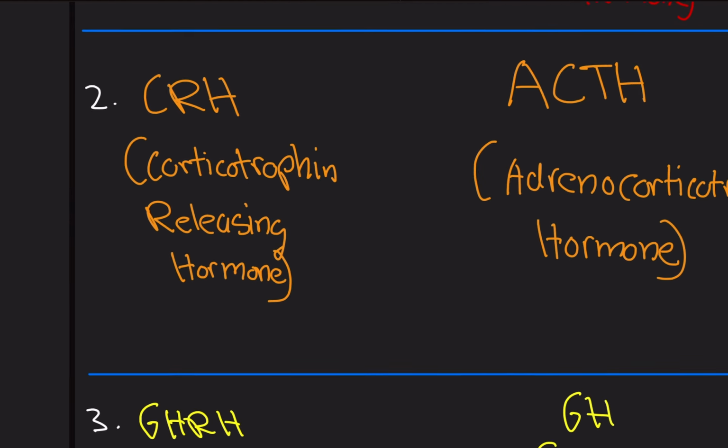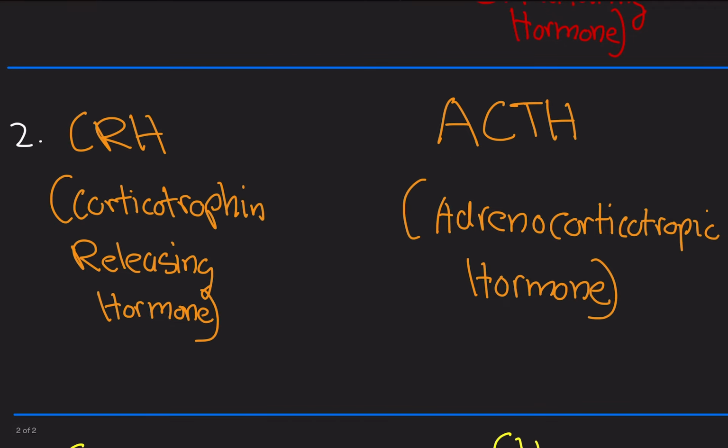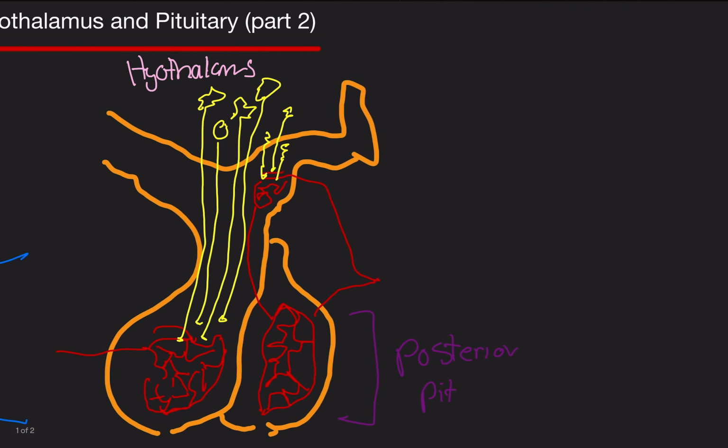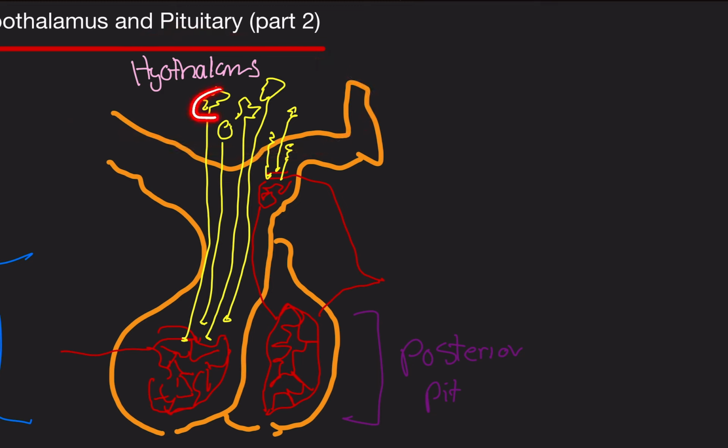The second one: the hypothalamus makes something called CRH, or corticotropin releasing hormone. So back to this figure here, the hypothalamus is going to make CRH. It's going to go down the nerves, and it's going to exit here into the anterior pituitary.